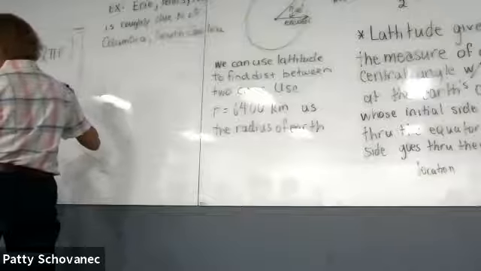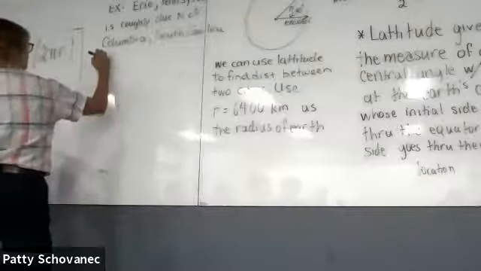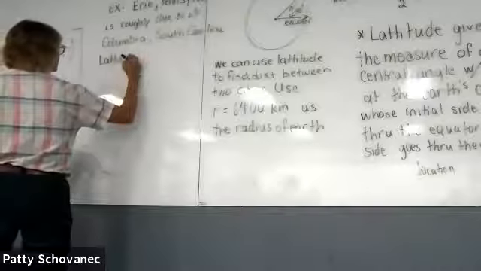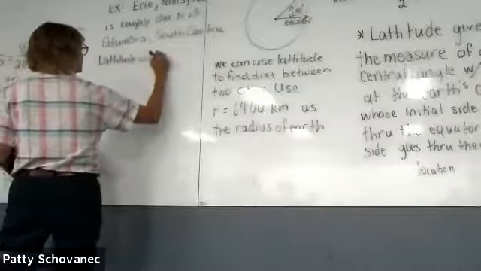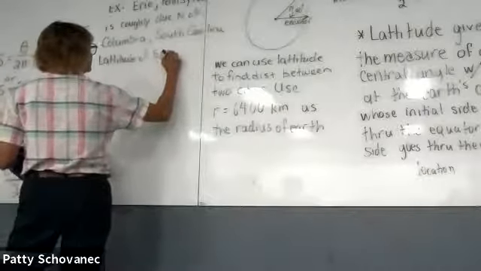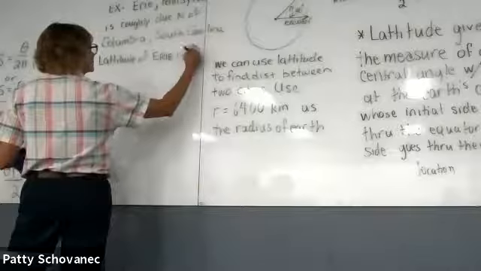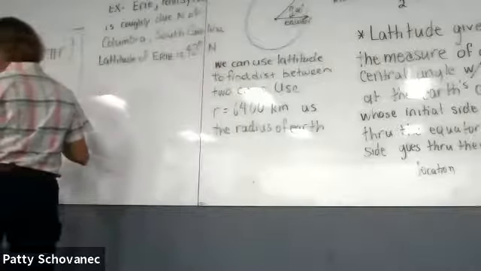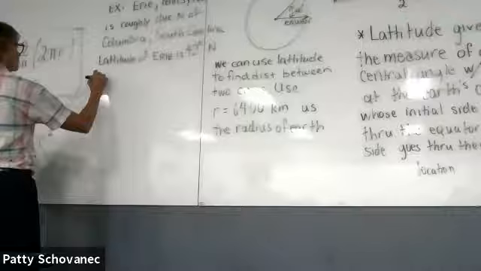Let's say the latitude of Erie is 42 degrees north, and the latitude of Columbia is 34 degrees north.